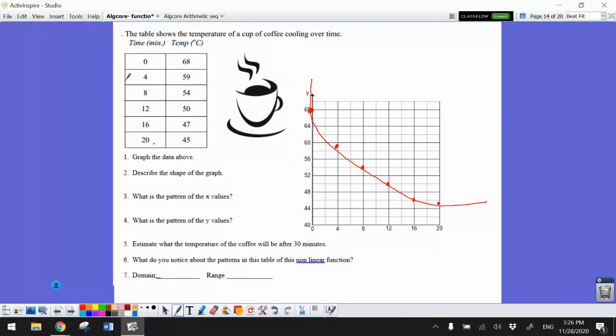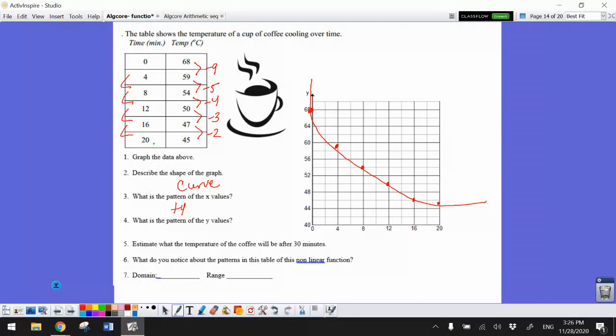So I see that my pattern of the x's is +4. I know it's not linear. It is curving. Okay. Is there a pattern to the y value? So like 68 minus 9, that's minus 9. This is minus 5, minus 4, minus 3, minus 2.